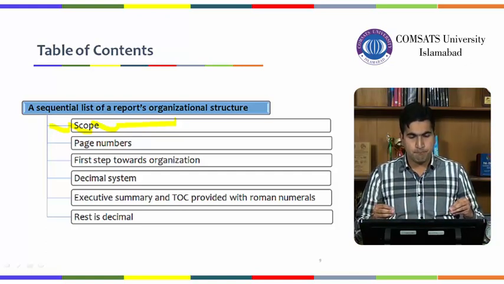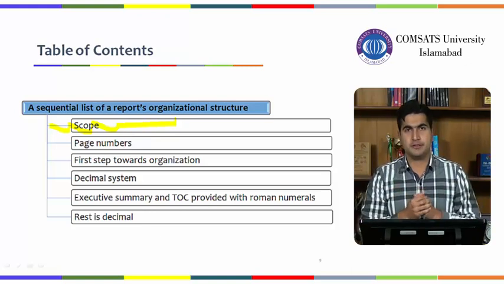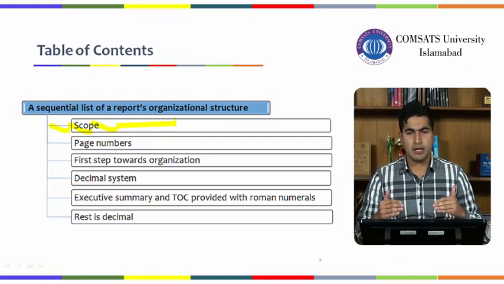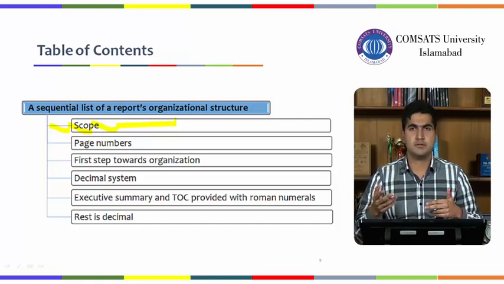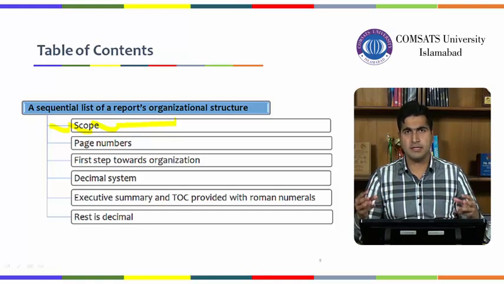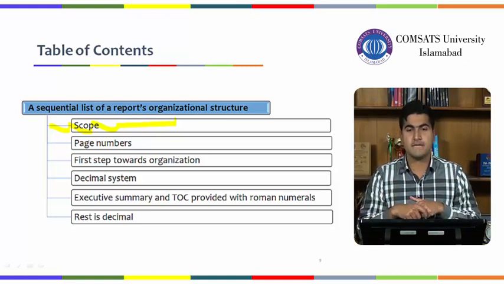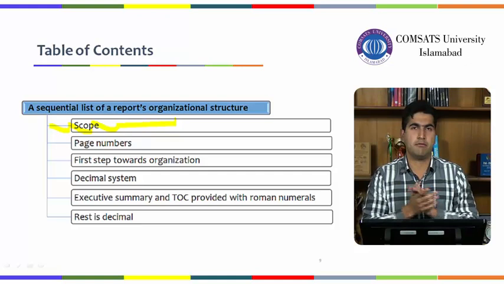All the results of your report will stay within it. It can't be generalized over the area which is beyond that boundary. The results can only be applicable to the area which has been specified, which falls within the boundary that you have placed around yourself.